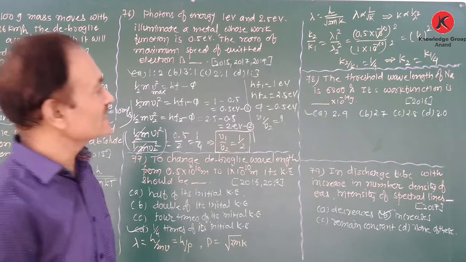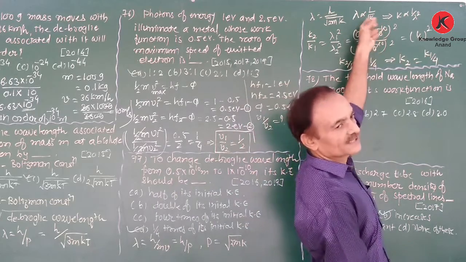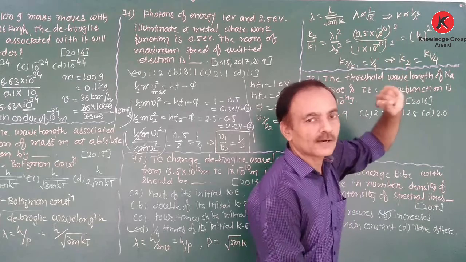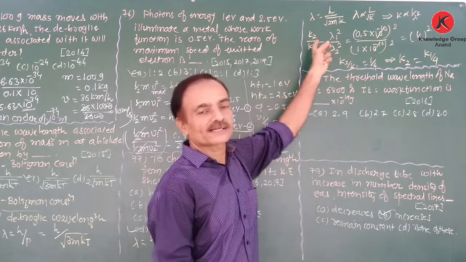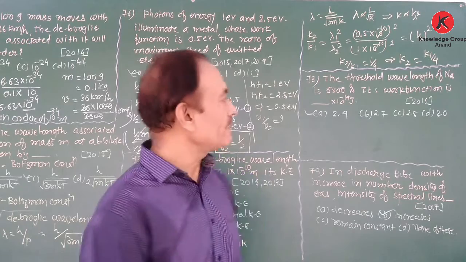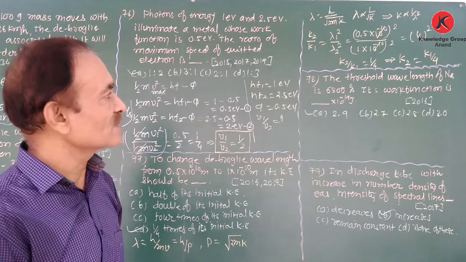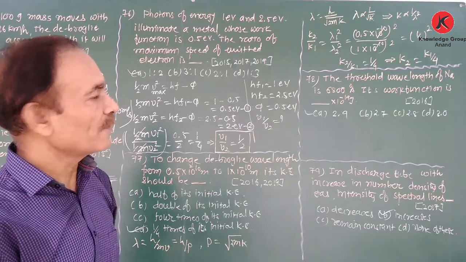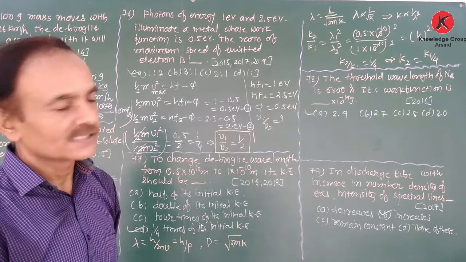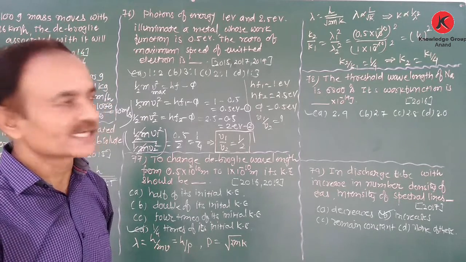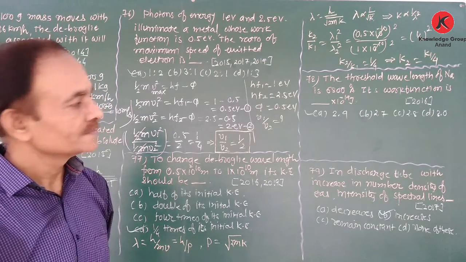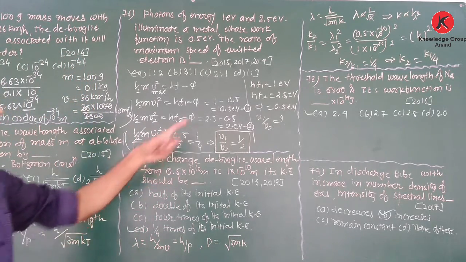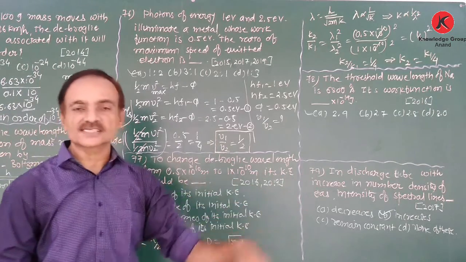Therefore, lambda is inversely proportional to the square root of kinetic energy. Therefore, K is proportional to 1 upon lambda square. Therefore, K2 upon K1 is equal to lambda 1 square upon lambda 2 square. Here we substitute the values. So we obtain K2 upon K1 is equal to 1 by 2 square, that means 1 by 4, therefore K2 is equal to K1 by 4. Clear? This MCQ question was also asked 2 times, in 2016 and 2019.